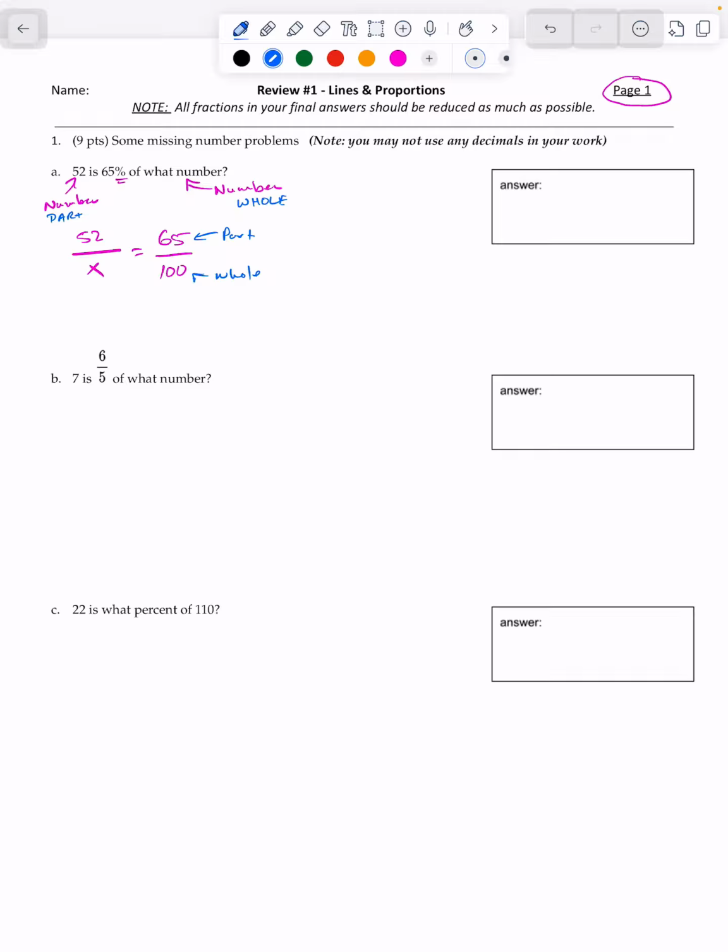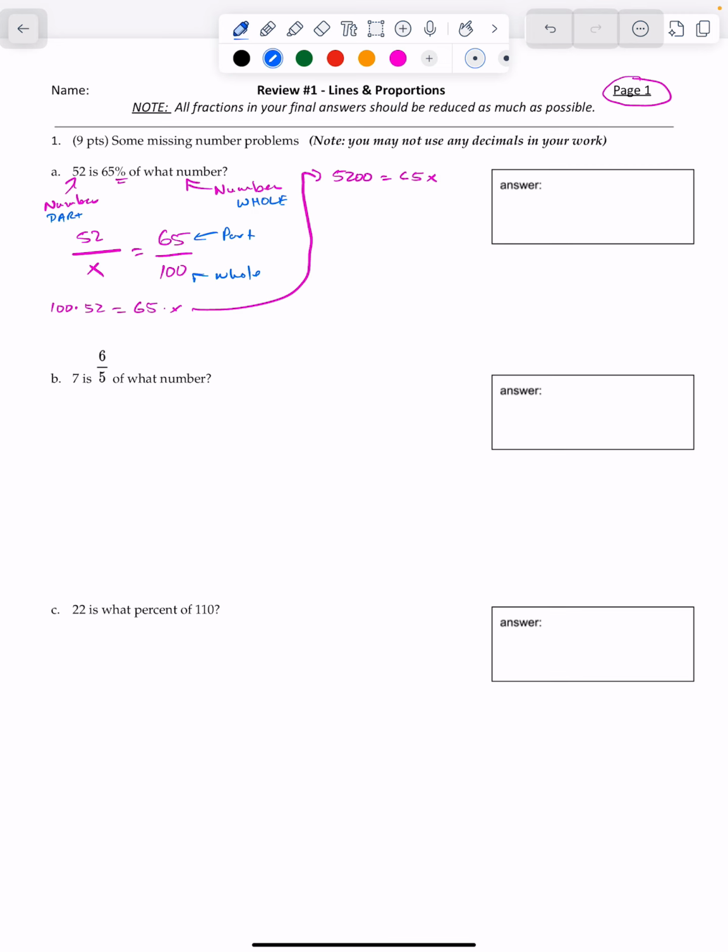I'm going to multiply by both denominators, and I get, let's stick with pink, 100 times 52 equals 65 times x. Let's put the rest of my work up here. So 5200 equals 65x.